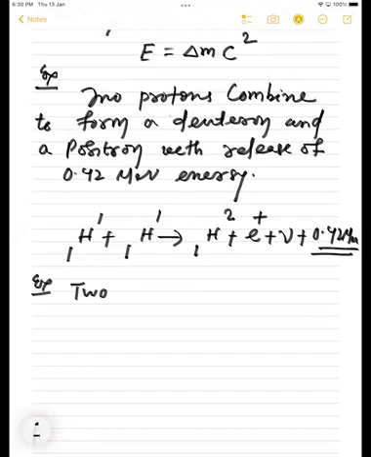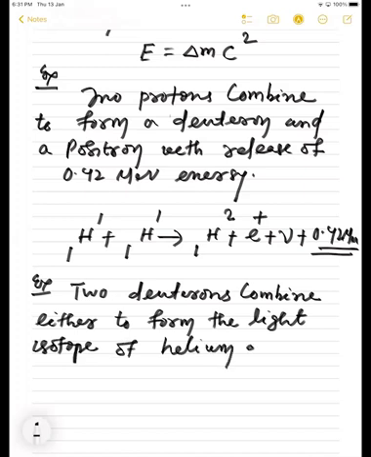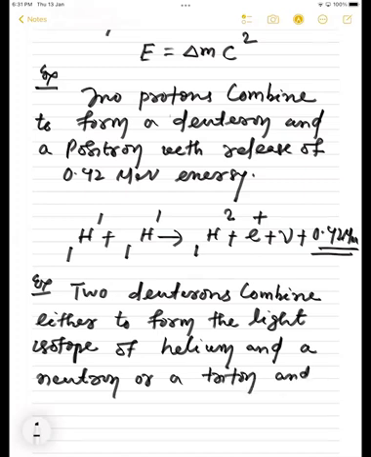Two deuterons combine either to form the light isotope of helium and a neutron, or a triton and a proton. Various examples. We'll do some numericals on this also.